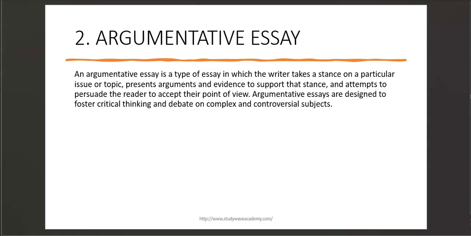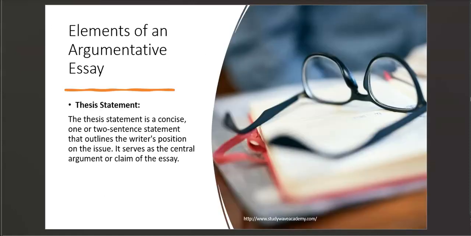Now let's focus on the elements of an argumentative essay. What do they have? The first element is the thesis statement. The thesis statement is a concise, one or two sentence statement that outlines the writer's position on the issue.